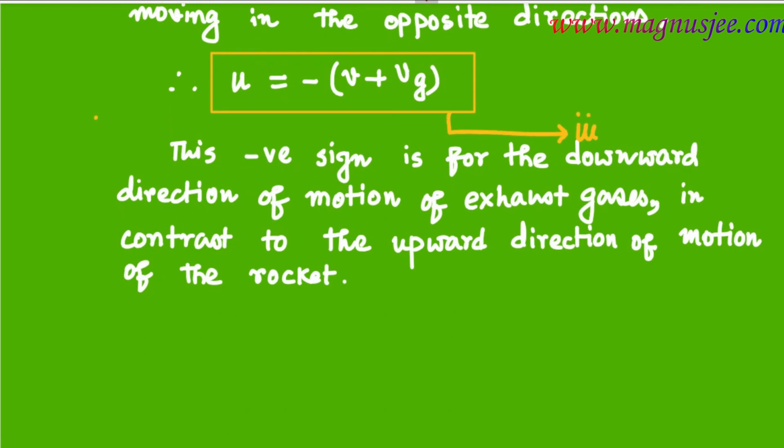This is equation 3: u equal minus bracket open v plus vg bracket closed.